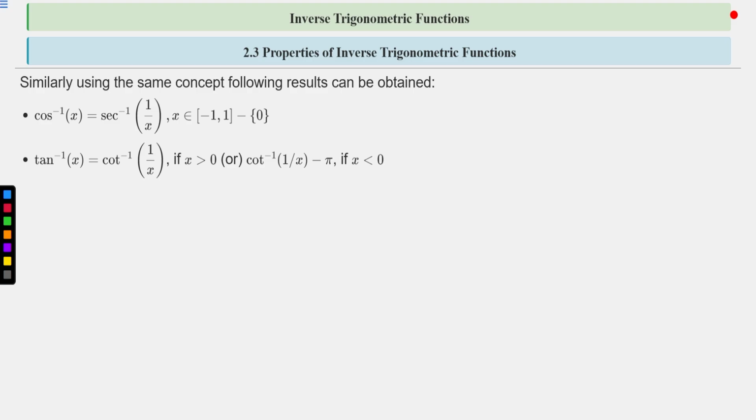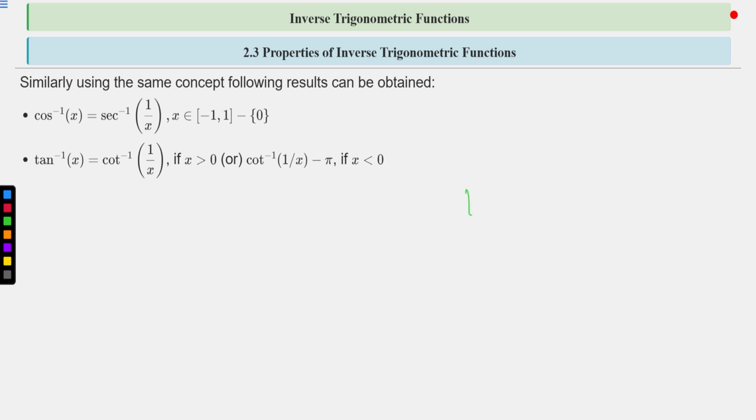And see, tan inverse x is equal to cot inverse 1 by x if x is greater than 0, or cot inverse 1 by x minus pi if x is less than 0, right?